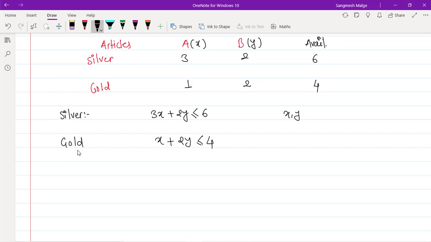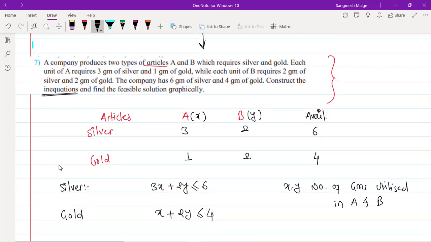X and y are the number of grams of silver and gold, sorry, the number of grams utilized in the articles A and B.